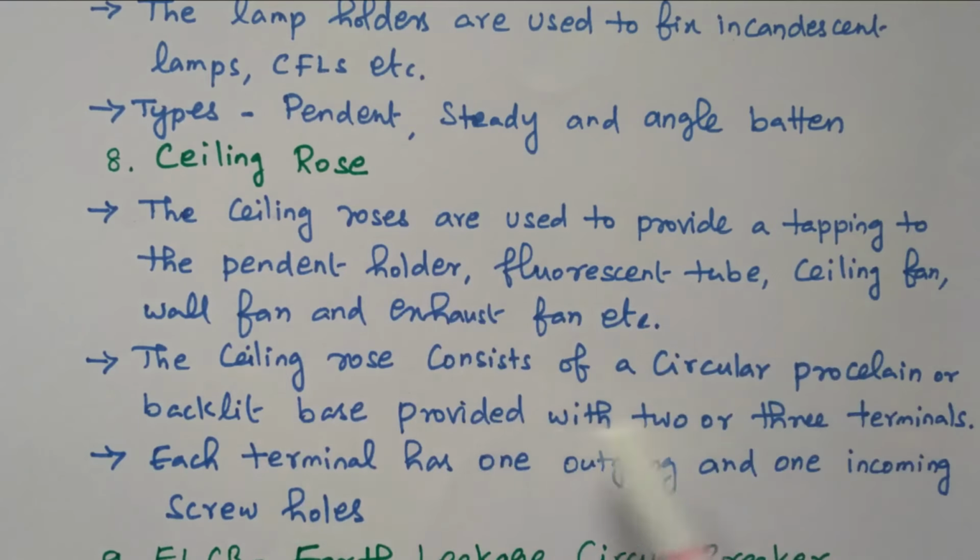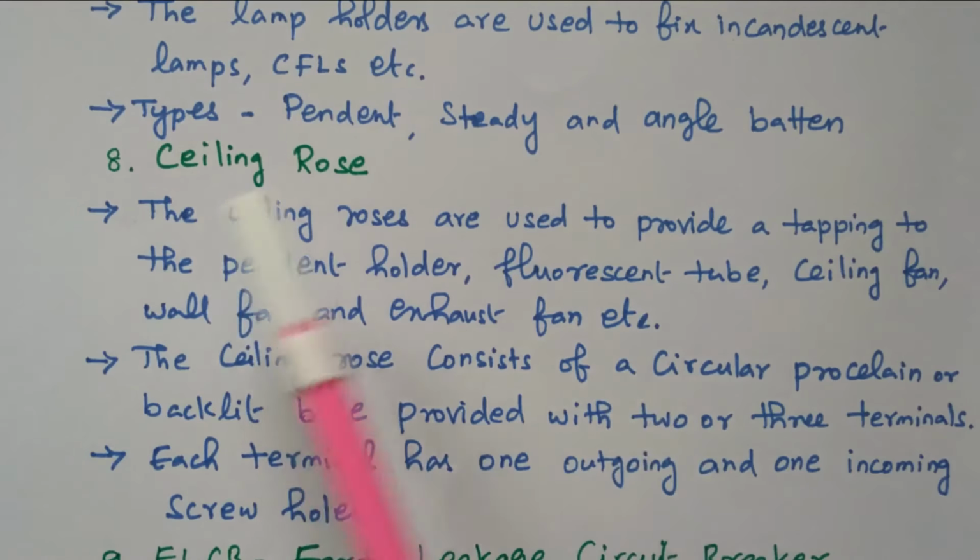The ceiling rose consists of a circular porcelain or bakelite base provided with 2 or 3 terminals. It is nothing but a plastic material. Each terminal has one outgoing and one incoming screw hole. So it will provide a supply to the various equipments, tube light or fan. It is connected in the ceiling rose, which means it is connected in the ceiling.